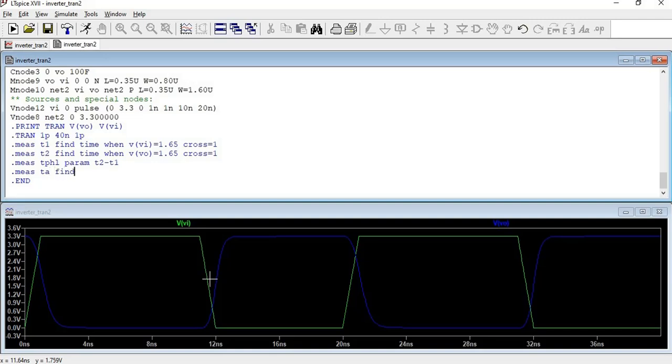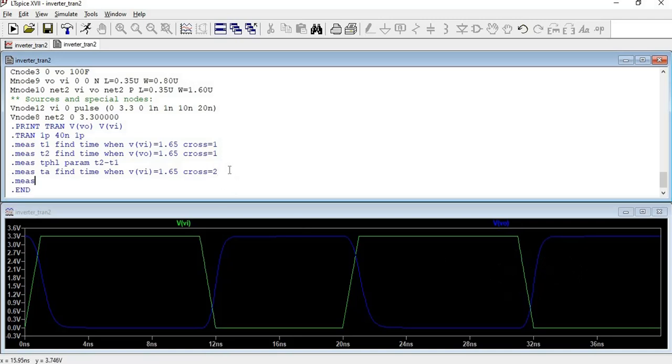TA, find time when VI is equal to 1.65 cross equal to 2. At this area, if you're going to use this waveform, that would be the fourth time that you cross the 1.65 value, so cross would be 4 if you use these points.